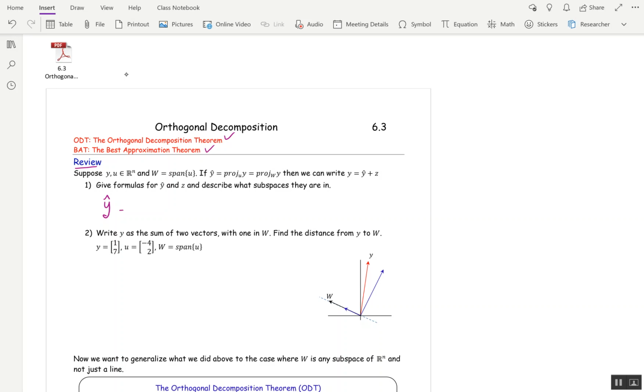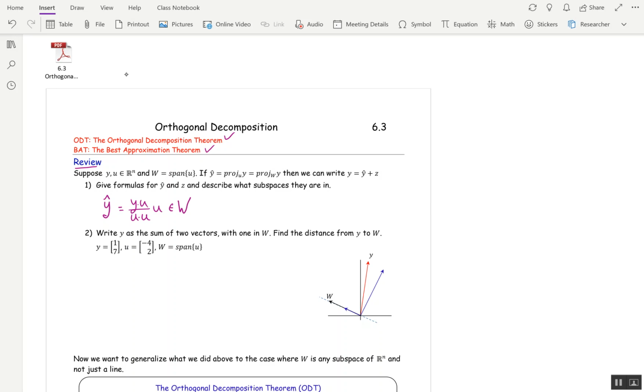Y hat is the projection onto W of y, which formula-wise is (y dot u over u dot u) times u. And that vector lives in W, meaning it's parallel to u. It lies on the line spanned by u.